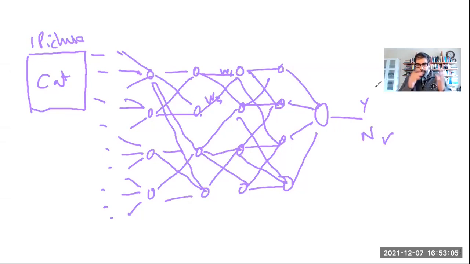Then you create a neural network and let the computer assign random weights, and then you train it. By training, it means that you show it a lot of pictures of cats until it starts recognizing the pictures of cats in an accurate way. So every time it makes a mistake, you tell the computer that you have made a mistake, and then the computer knows, okay, these are the wrong weights.